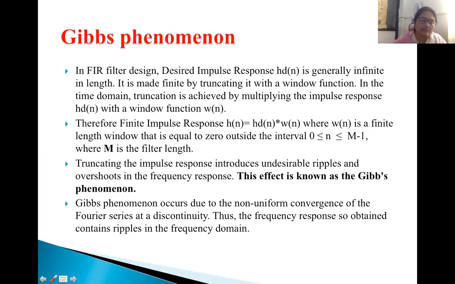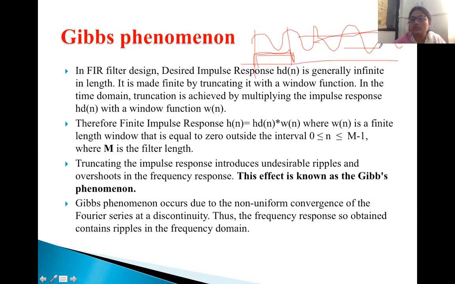Let's say I have a signal which is infinite in duration. Now I am going to cut the signal, and this is done by performing multiplication. I multiply the signal with the window function, this is my window function. So within this period only the signal will be present, and for other than this the signal will be cut off. So this is what we did here.